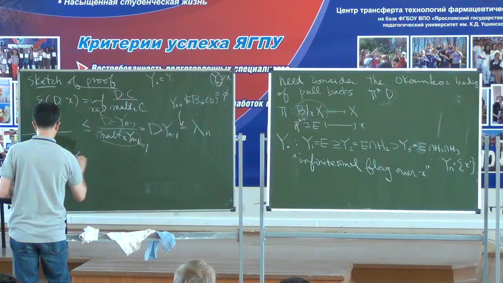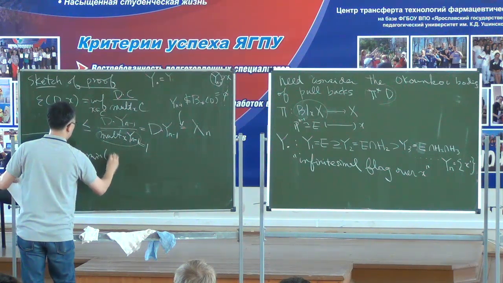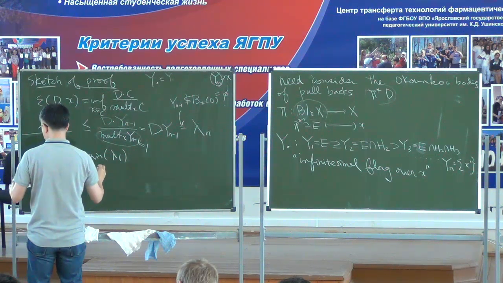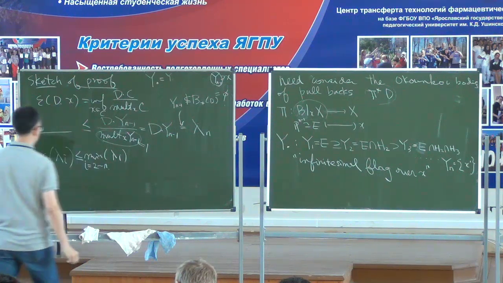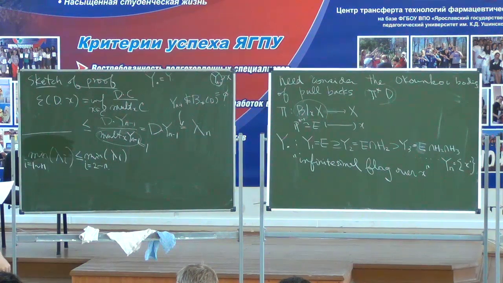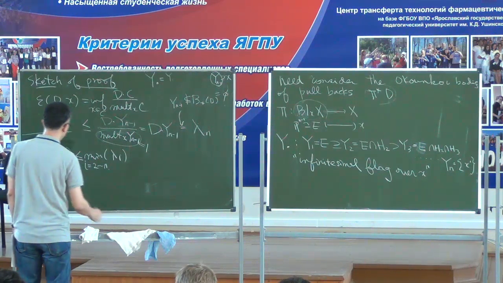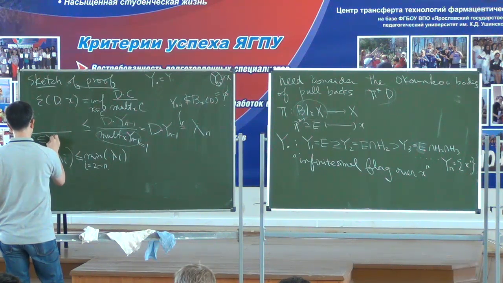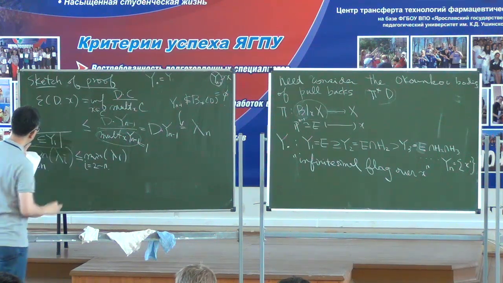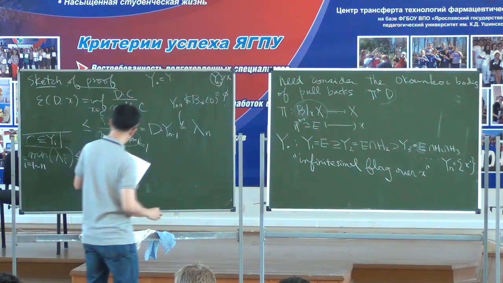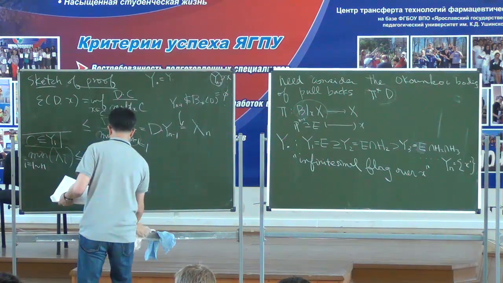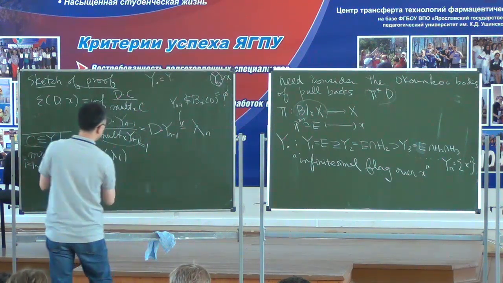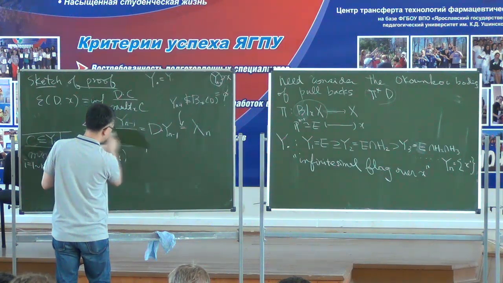And this is actually smaller than or equal to the minimum of lambda i from 2 to n, right? So if C is contained in Y1, let me erase this.